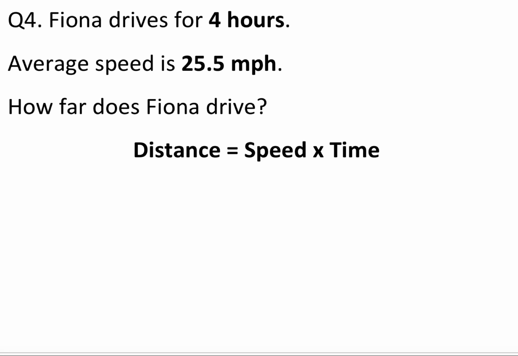Question 4. Fiona drives. She drives for 4 hours. Average speed is 25.5 miles per hour. How far does Fiona drive? I've given you a little bit of help here. I've given you the formula for distance. Distance equals speed times time.